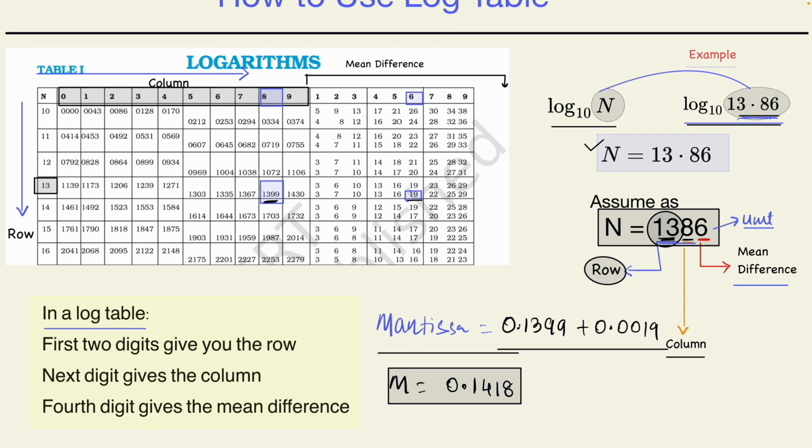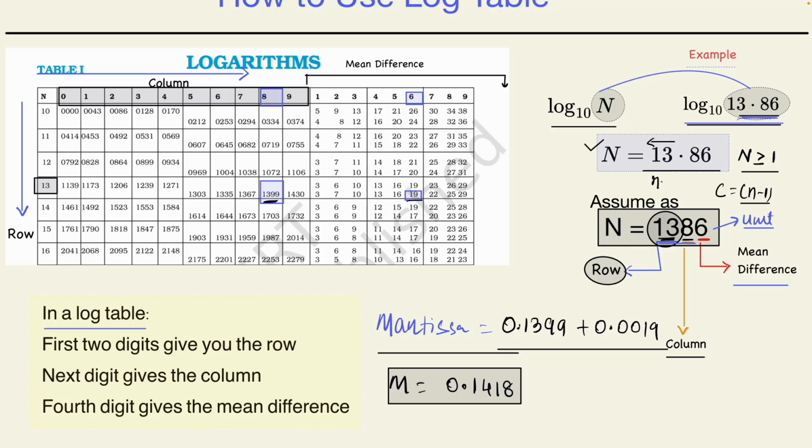So can you tell me in this number n, what could be the characteristic of this value? This value is more than 1. As it is more than 1, we follow the rule of n minus 1. What is the n here? Left side of the numbers from the decimal.